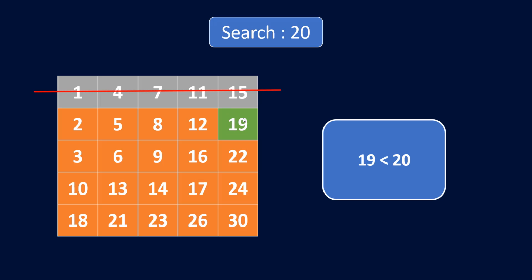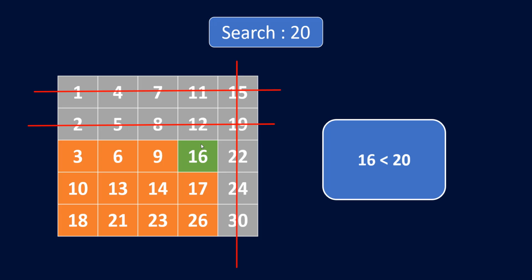Now we have 19, which is again less than 20, so again this row is of no use to us and we can move down. Now comes 22. Now 22 is actually greater than 20. So what we know is that all the elements after 22 in this column would be greater than 22, and so these are of no use to us. So we can move inwards and go to 16 from here by eliminating this particular column.